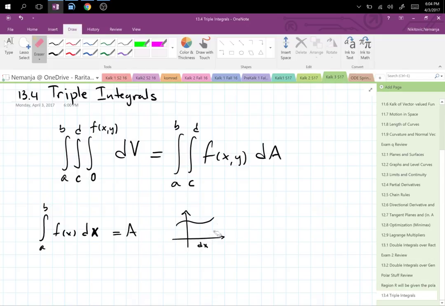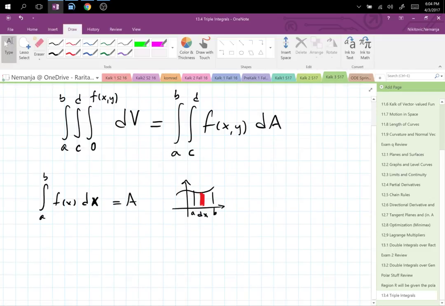Maybe I should draw that red. Representative rectangle that was moving from, let's say, a to b. And then we had the double integral a, b, c, d of f of xy dA, which was calculating volume.